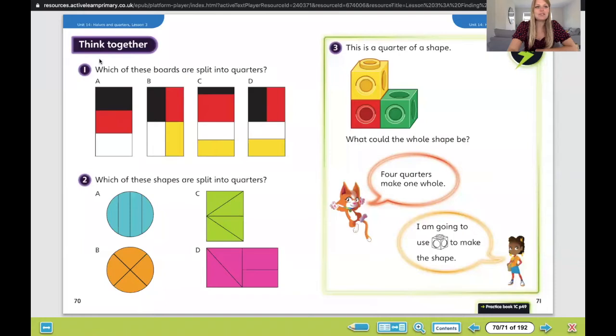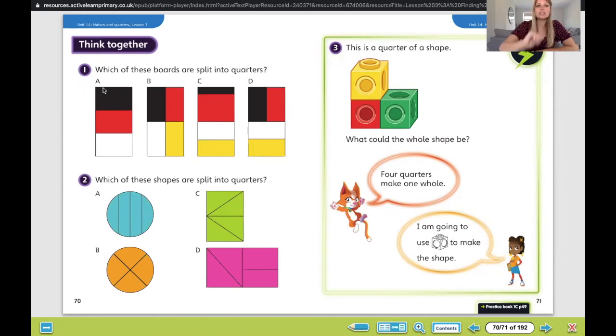So now we're on to the Think Together. Question number 1. Which of these boards are split into quarters? Now don't forget, for quarters there needs to be 4 equal parts. They are not quarters if they are not equal. So let me have a go at question A myself.